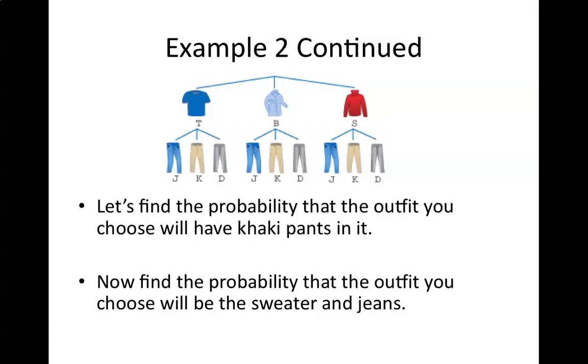Okay, now you may not have the drawings like I do, the sketches, but you may have the letters that would represent each of the outcomes, and hopefully your tree diagram would look somewhat like mine.